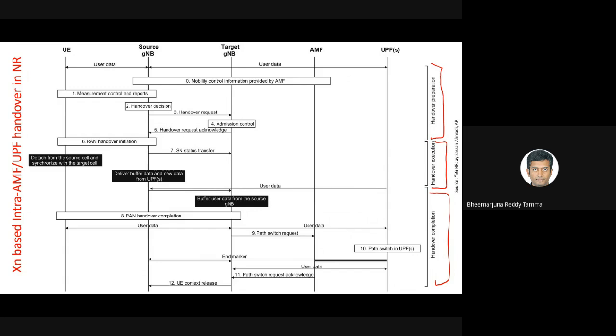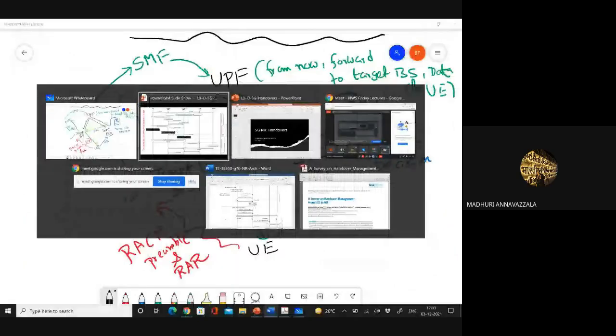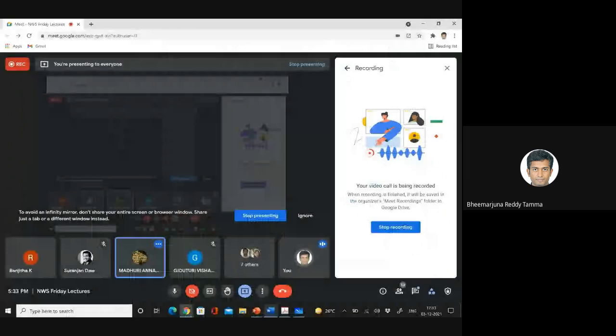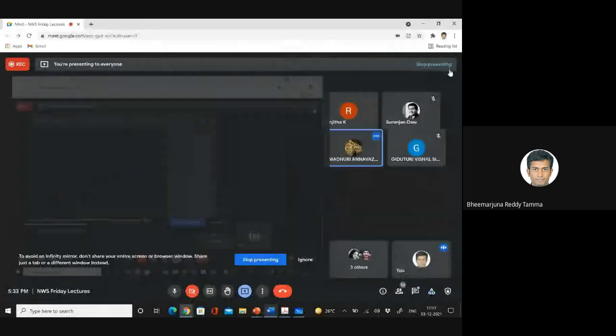So can somebody tell me what is happening in message 4 and 5? Message 4 and 5. Nobody? I don't know how many are there still. Okay, around 13 people are here. Okay, you can answer, please.